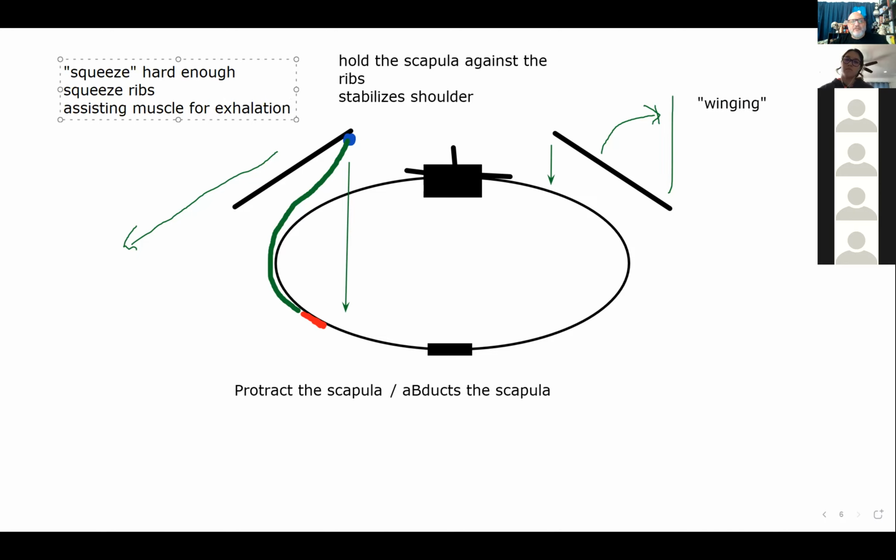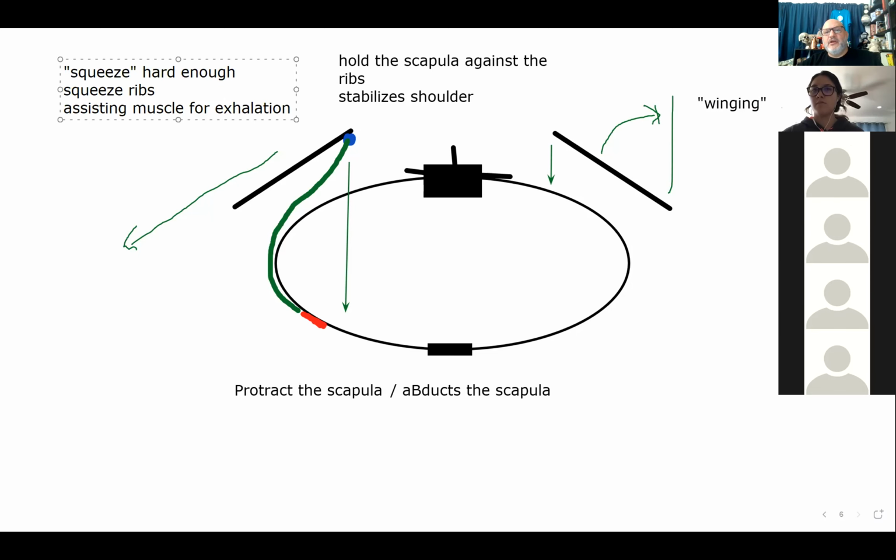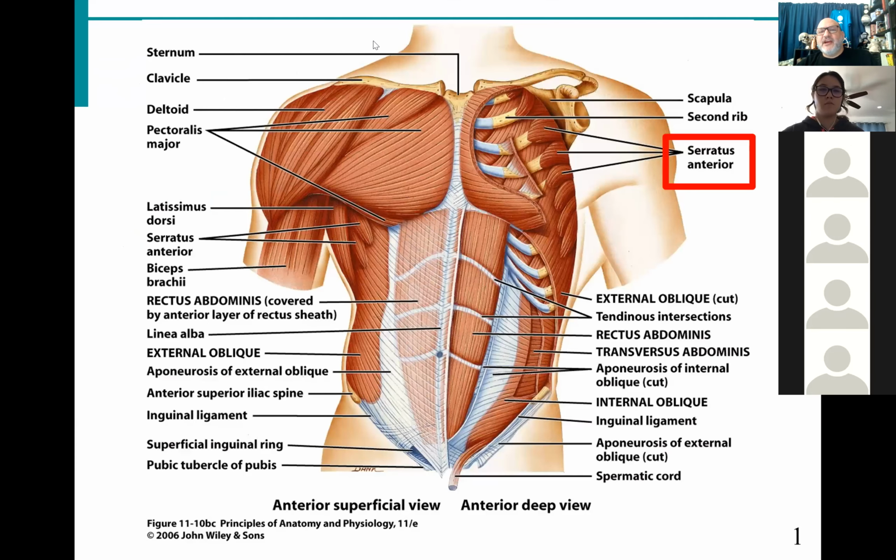Now, one more thing I want you to see about this serratus anterior. Notice, to see the entire serratus anterior, they had to cut away this big superficial pectoralis major, because the pectoralis major covers most, but not all, of the bellies of the serratus anterior.